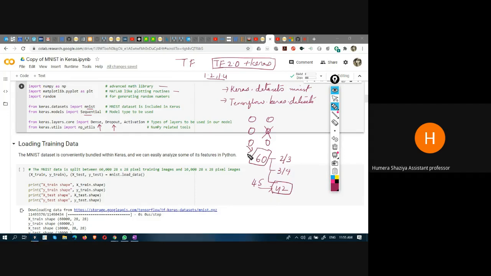This is the input figure, this is the output figure, and in between you have some dropouts. Like that, you can have some nodes at the time of creation of the neural network, and you can drop them out while training.